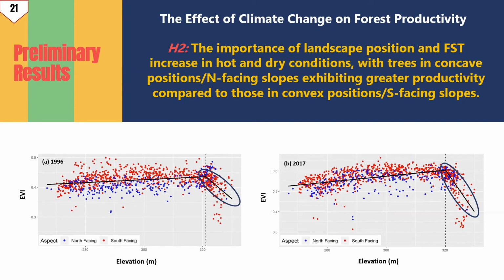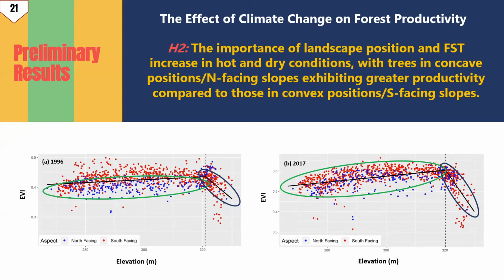These plots show the relationship of EVI and elevation colored by aspect, and the blue points represent north-facing slopes and the red points represent the south-facing slopes. As the climate gets hot and dry in 2017, trees located in wetter and shadier positions like concave positions will have more access to retain soil moisture, and we observe an upward shift in productivity of trees in north-facing slopes compared to 1996.